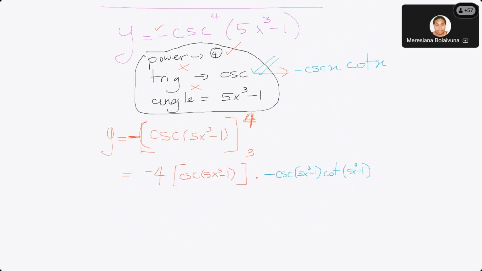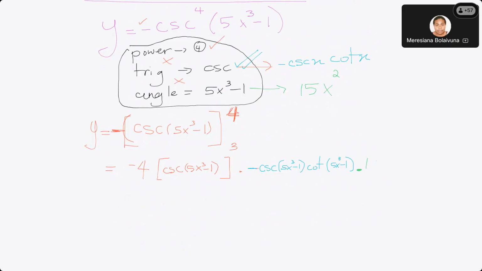And then I multiply by the derivative of the angle. What is the derivative of 5x cubed minus 1? 15x squared. So multiply by 15x squared. Okay, any questions before I carry on?